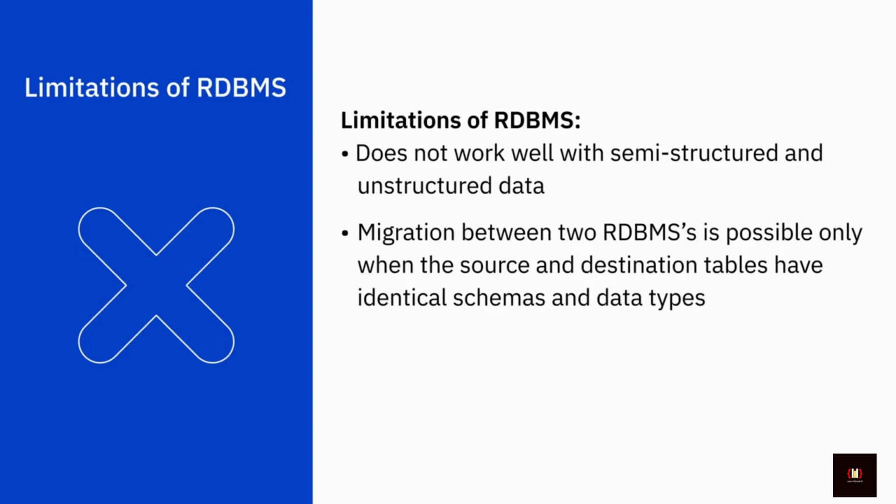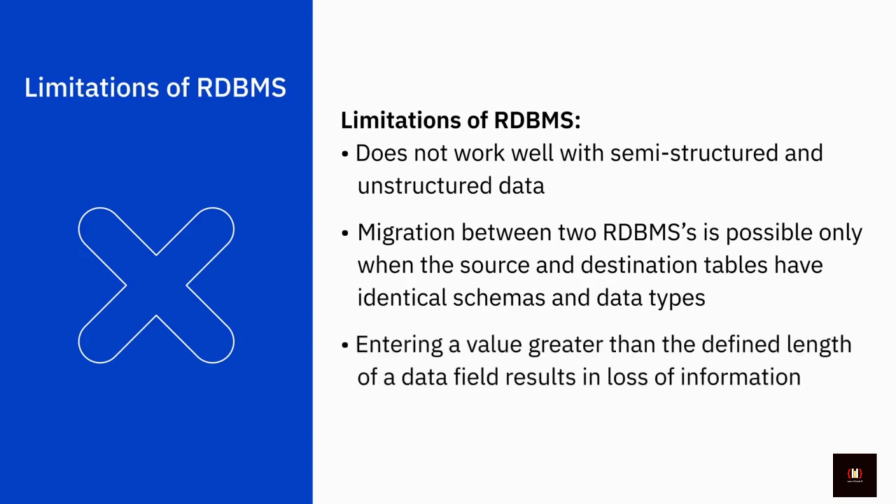Relational databases have a limit on the length of data fields, which means if you try to enter more information into a field than it can accommodate, the information will not be stored. Despite the limitations and the evolution of data in these times of big data, cloud computing, IoT devices, and social media, RDBMS continues to be the predominant technology for working with structured data.